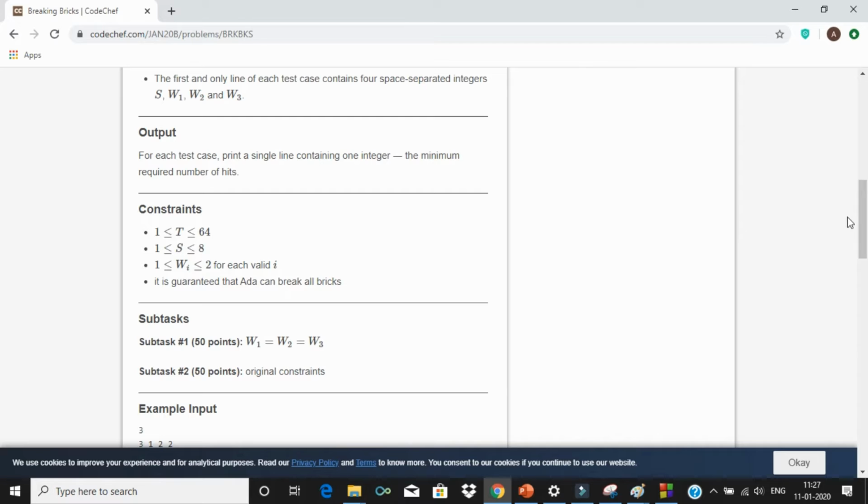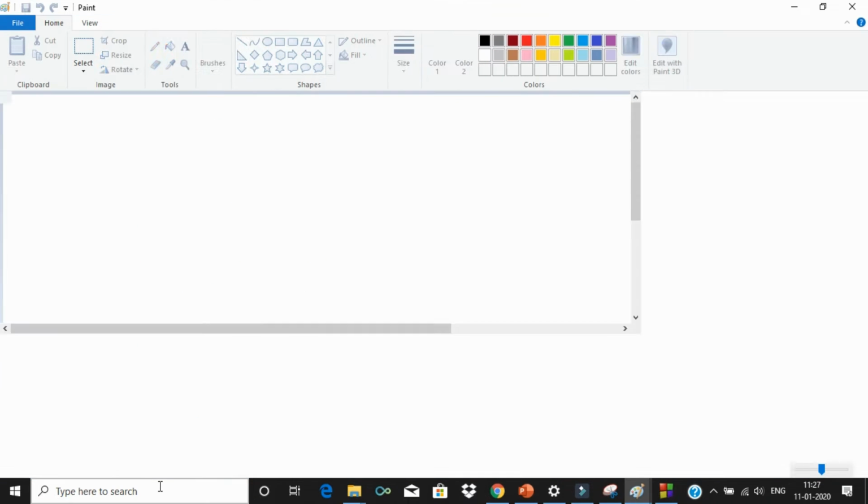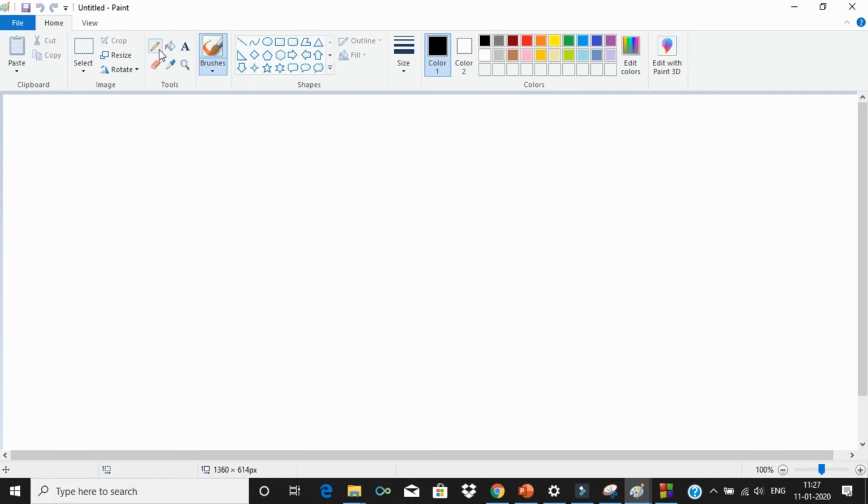So let's start with the explanation of this problem. First of all, there are going to be bricks stacked like that.